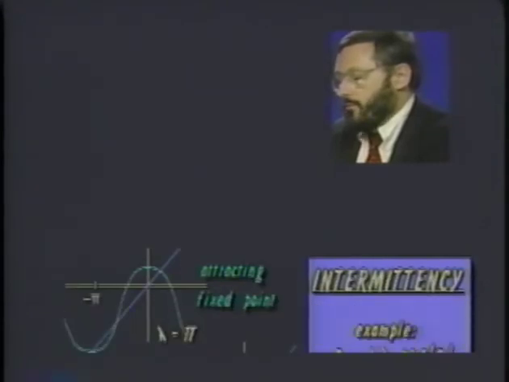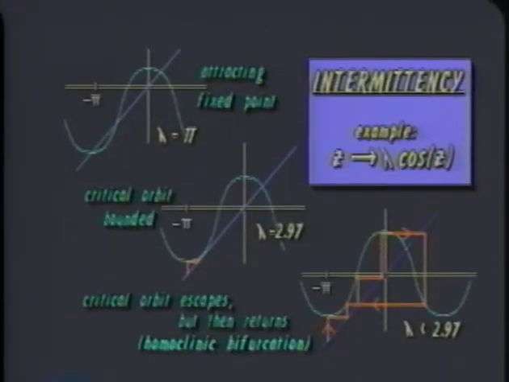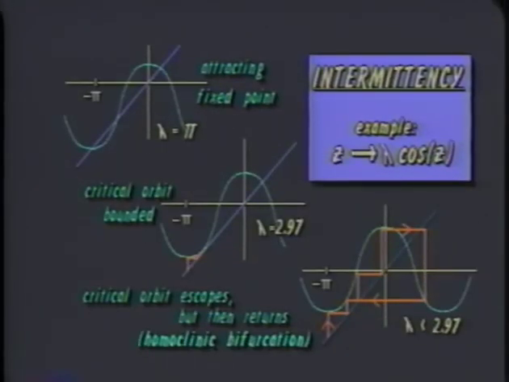escaping but then returning. Let me illustrate this with the family a constant times cosine z. Here's the graph of a constant times cosine z, where the constant starts at pi and decreases down to just below 2.97. Notice that the graphs for a constant times cosine do exactly what I just said.